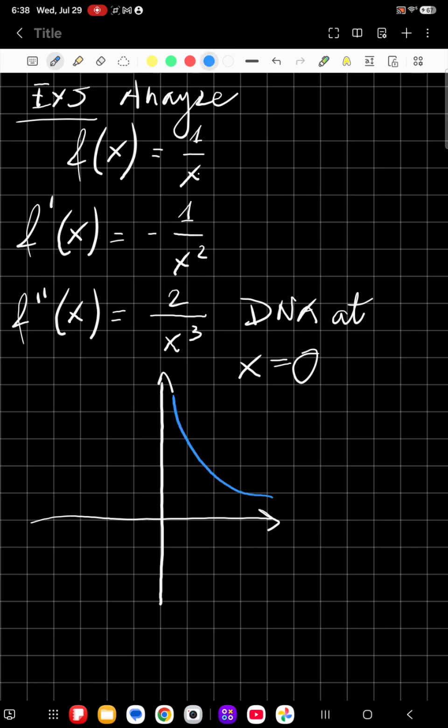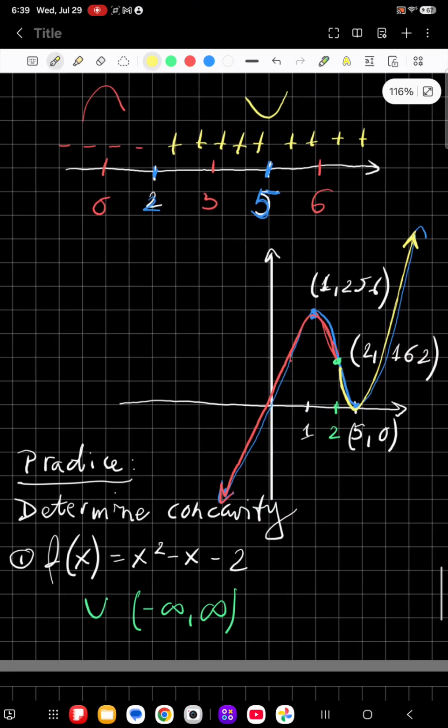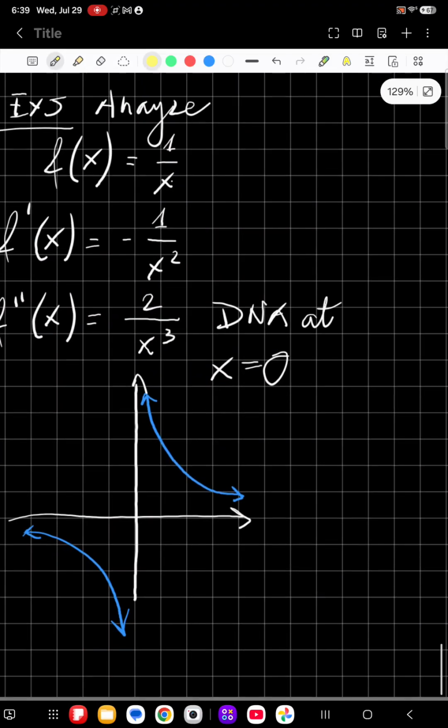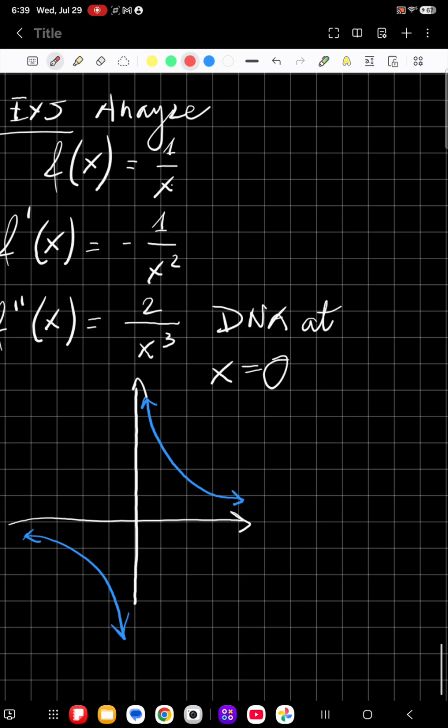We have a branch here and a branch here, and you see that even though the function changes concavity, because it's up here, and red is down, we have concavity down here, and then at 0 it changes concavity, but that 0 is not an inflection point because an inflection point number needs to be in the domain, and 0 is not.